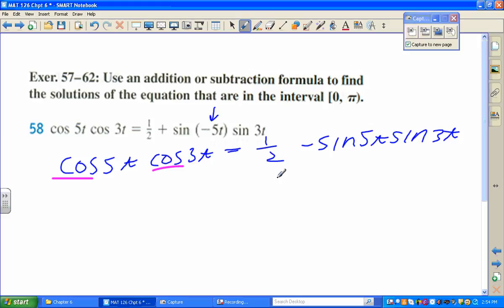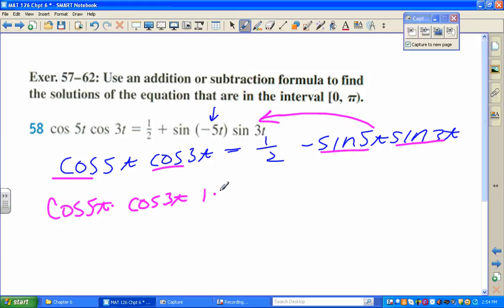What's it missing? Plus or minus what? Sine. So if I take this over the other side, I have cosine 5t, cosine 3t, plus sine 5t, sine 3t equals a half.